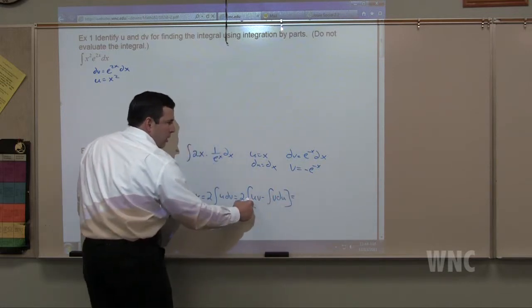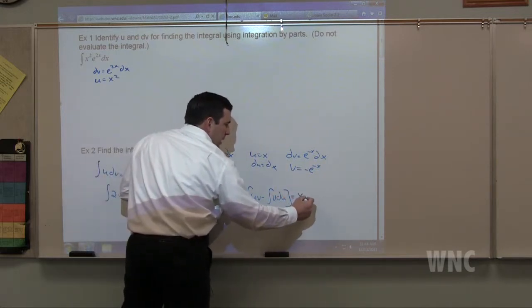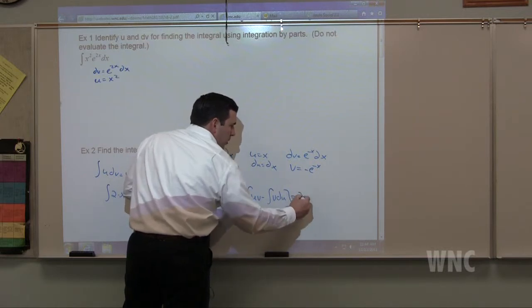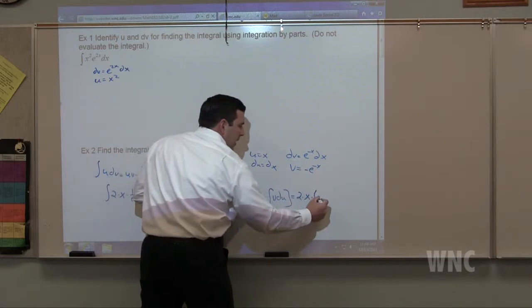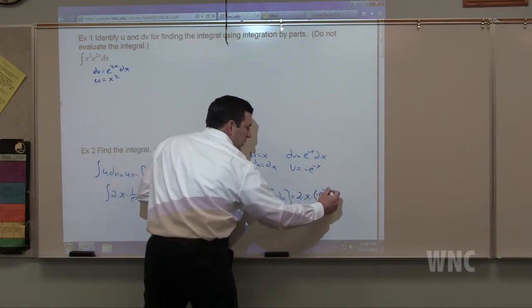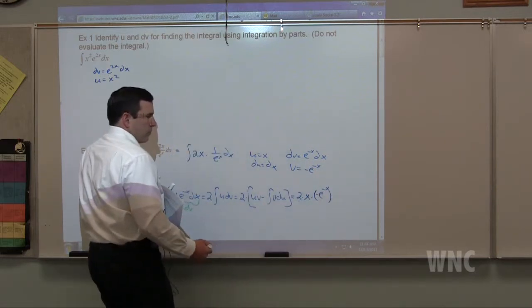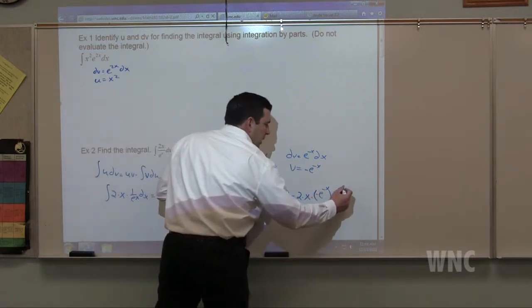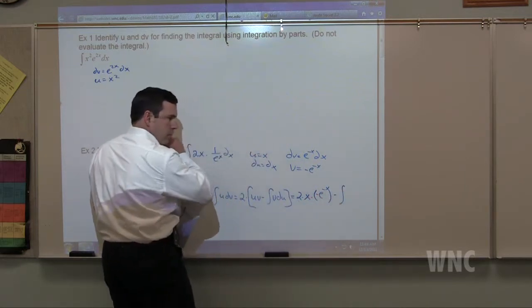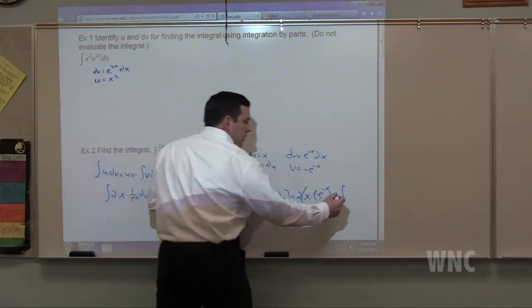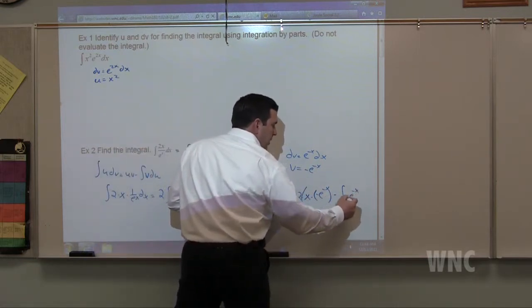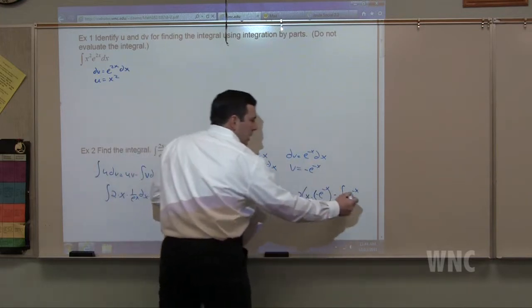So our u is x, 2 times x times our v, negative e to the negative x, minus the integral of v du: negative e to the negative x, and our du is dx.